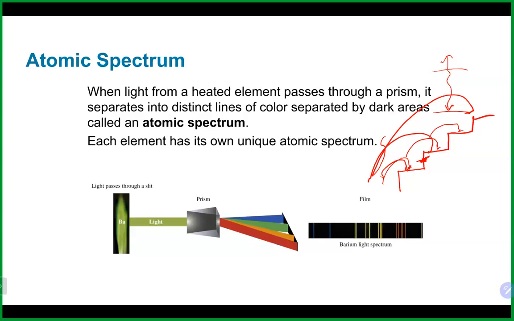And the result of that is when we look at, say, an element and you excite the electrons, which is sometimes referred to as a gas discharge tube, that goes through here. If you looked at it through a prism, because of these quantized jumps in energy, you will get what is referred to as a line spectrum.